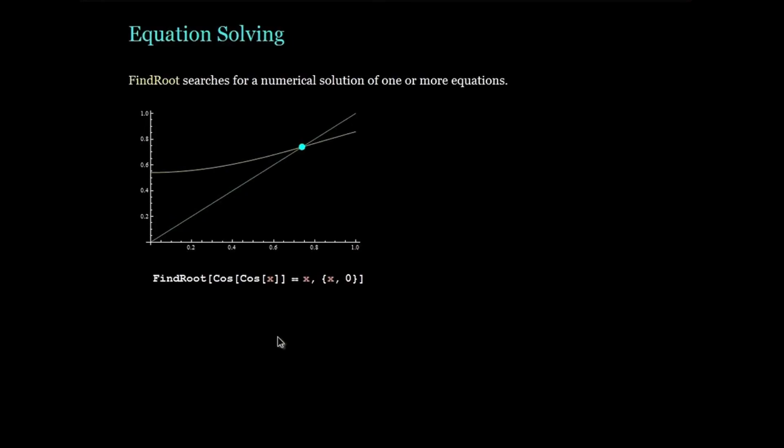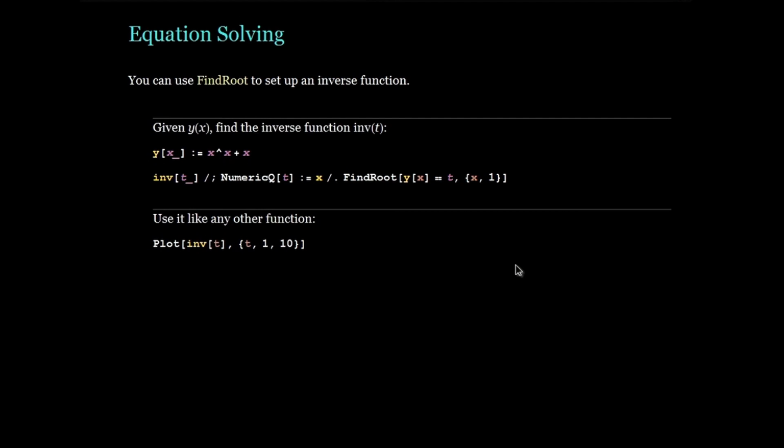The core function for numerical equation solving is FindRoot, which searches for a local numerical solution of one or more equations. Here's a very simple example of solving an equation which can't be solved in closed form. One important application of FindRoot is in setting up numerical inverse functions. Given this definition of y of x, how can we find x of y?